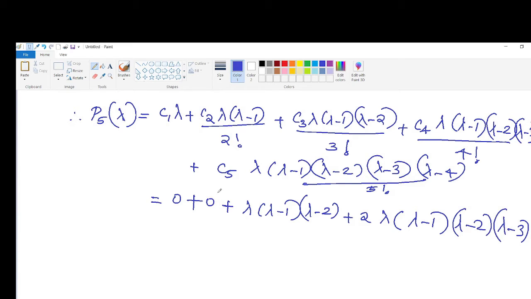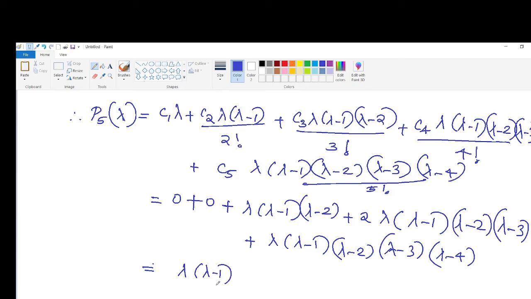Now the value of C5 is 5 factorial, so the 5 factorials cancel. So there remains lambda into lambda minus 1 into lambda minus 2 into lambda minus 3 into lambda minus 4. Now you can see that lambda into lambda minus 1 into lambda minus 2 is common in all terms.